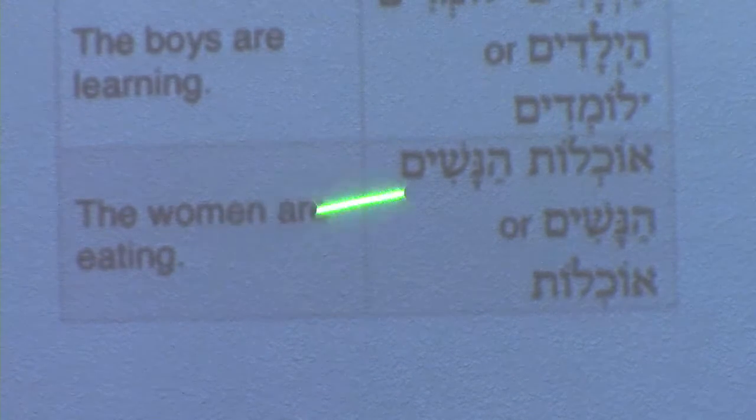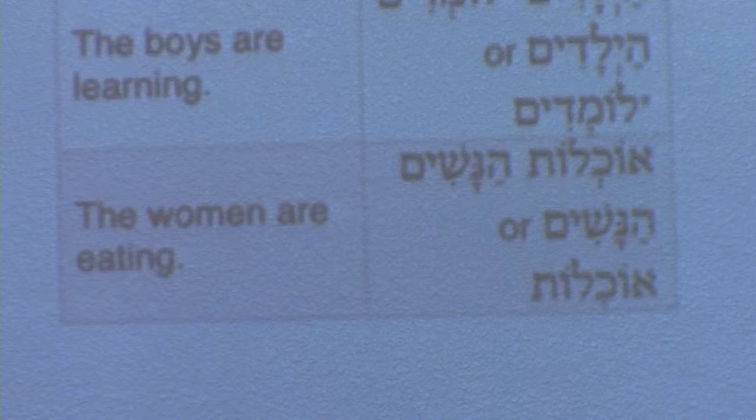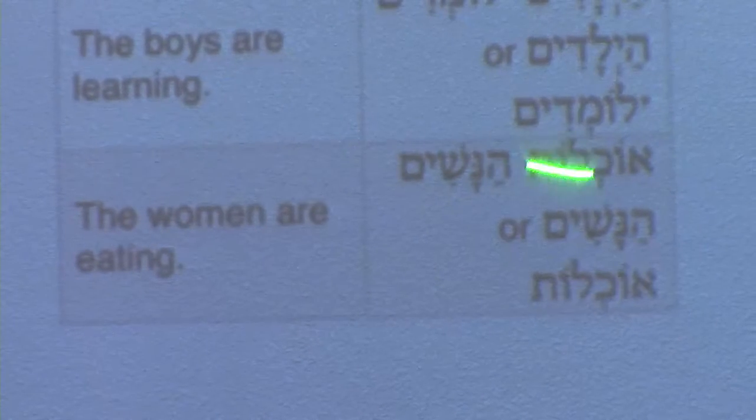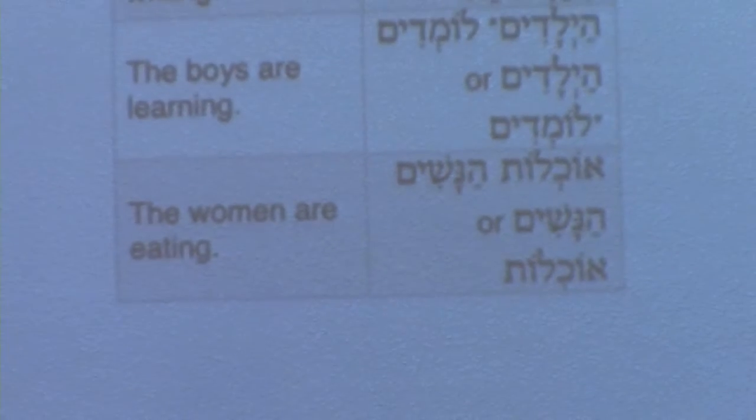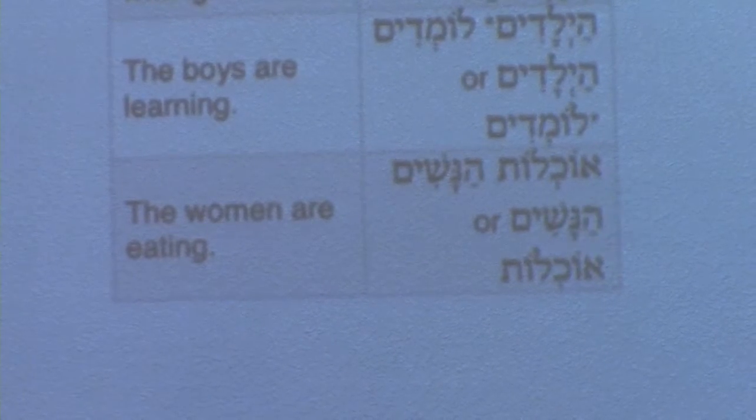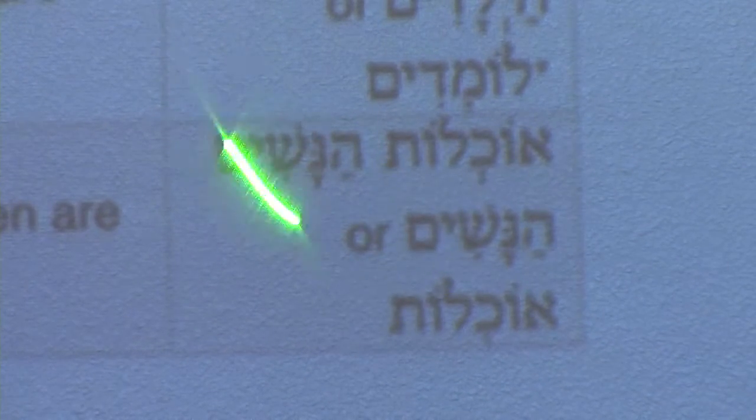Ochelot hanashim, the plural for women, right? Because we're going to keep plurals the same, making everything equal in terms of singular and plural. Or hanashim ochelot. We should slow down. Forgive me.